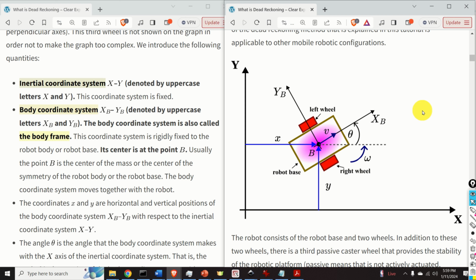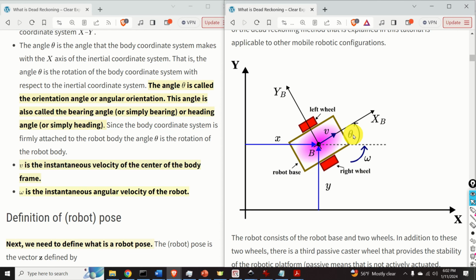The coordinates X and Y are horizontal and vertical positions of the body coordinate system, or better to say the center of the body coordinate system with respect to the inertial coordinate system X and Y. The angle theta is the angle that the body coordinate system XB, YB makes with the x-axis of the inertial coordinate system.